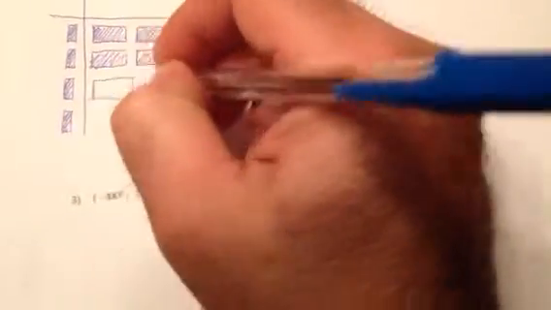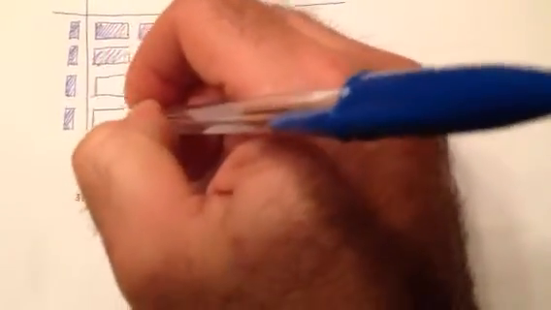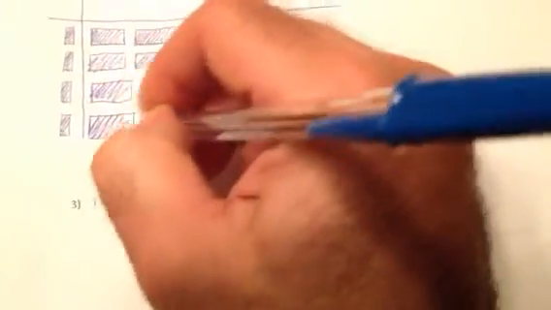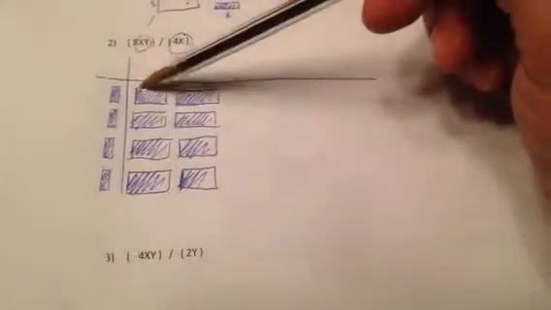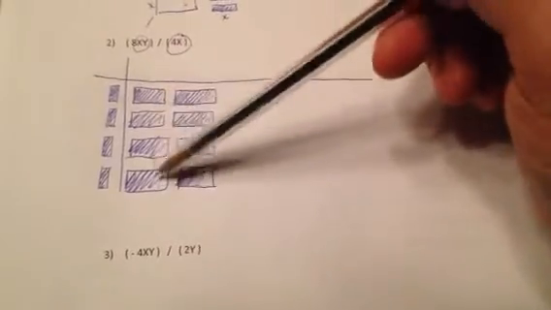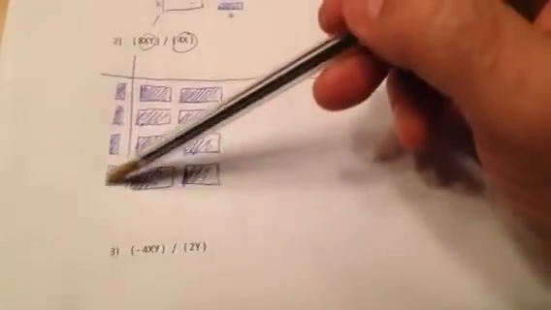Another one right here. It's obviously easier to draw the negatives because the negatives are not shaded in, but positive tiles all have to be shaded in. So I'm going to do this very quickly here. And there we go. So we have 8xy's divided by 4x.